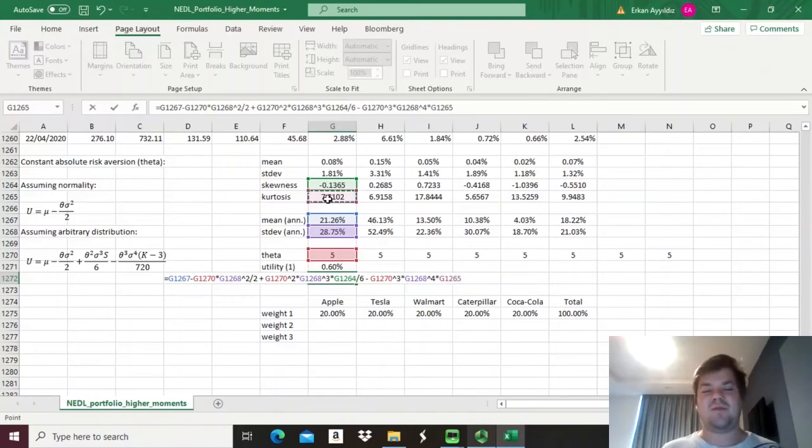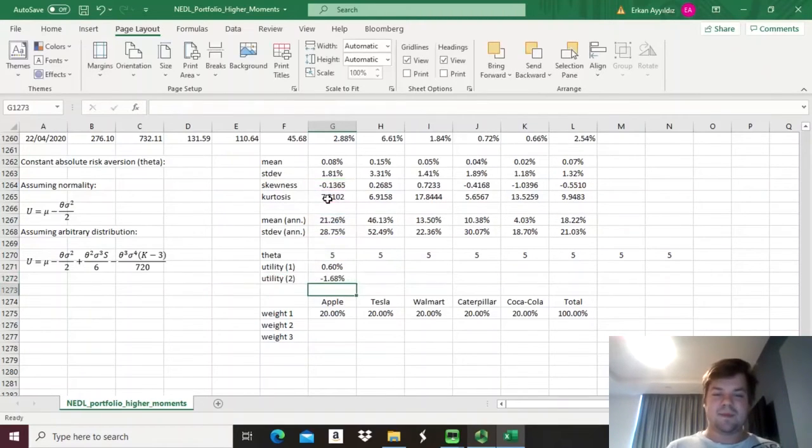So we do not need to subtract 3 if we're doing this calculation in Excel, and divided by 720.